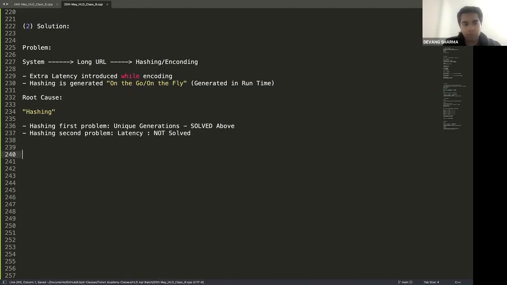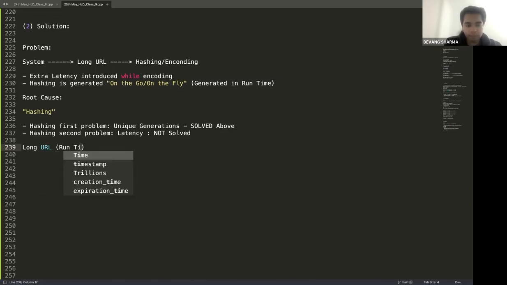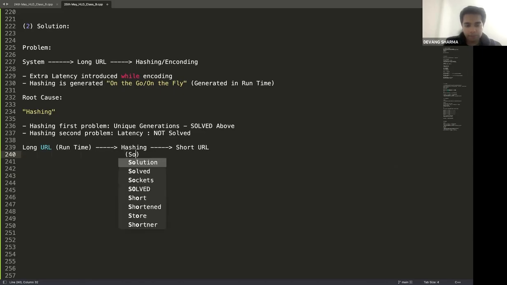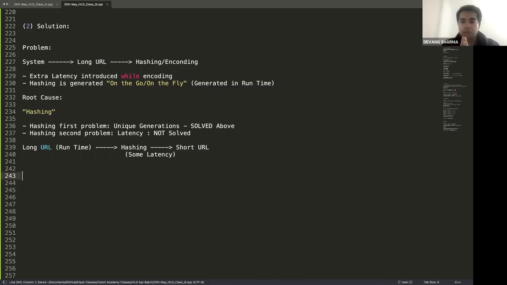Why is that not solved? Because the long URL will be given at the runtime. If you are taking a hashing of it, irrespective of whatever algorithm you use, that is going to introduce some latency for sure. Is this part crystal clear to all?